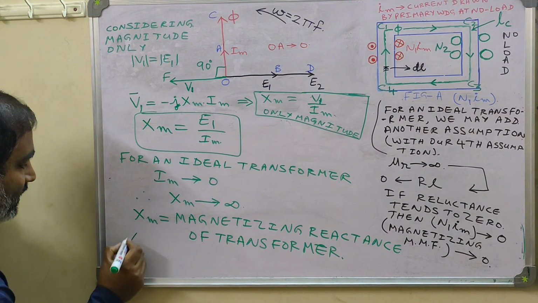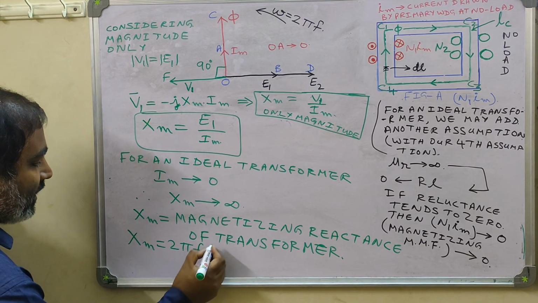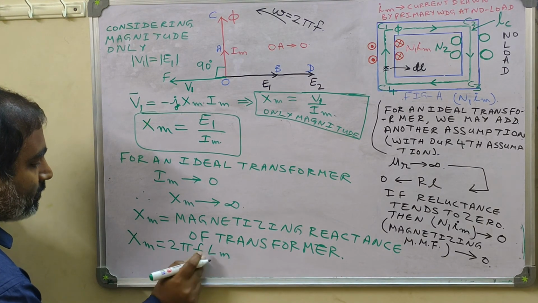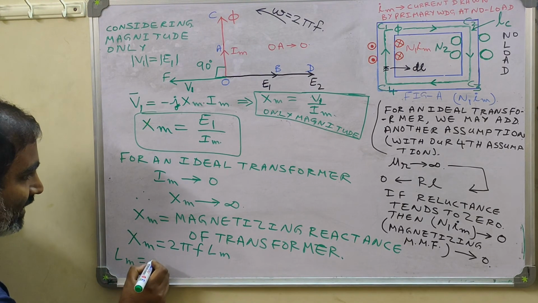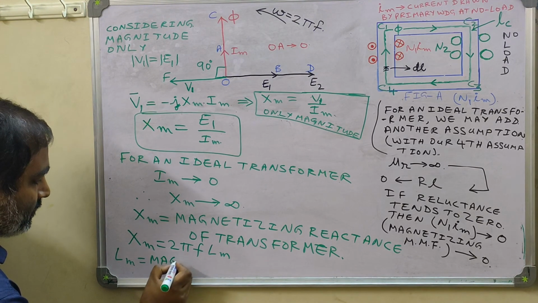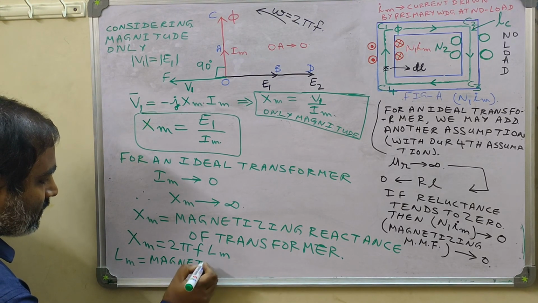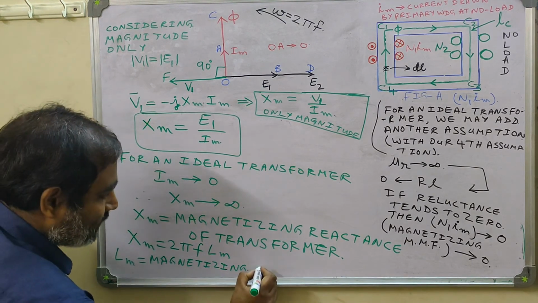Further, one may also say Xm can be written as 2 pi f into Lm. So what is Lm? Obviously, Lm is the magnetizing inductance of the transformer.